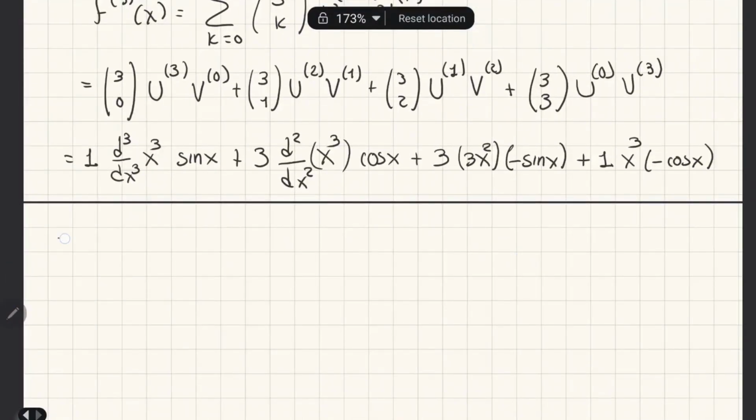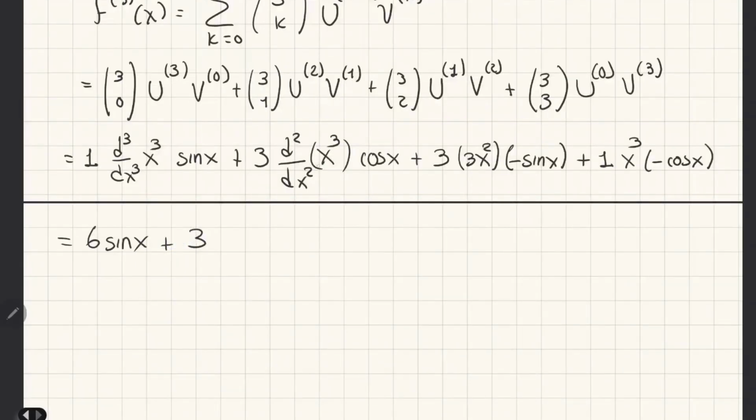Okay, perfect. So the third derivative of x cubed will be 6 sine x, and then plus 3 times the second derivative of x cubed, which is going to be 6x, times the cosine of x, and then minus 9x squared sine x, and then minus x cubed cosine of x.